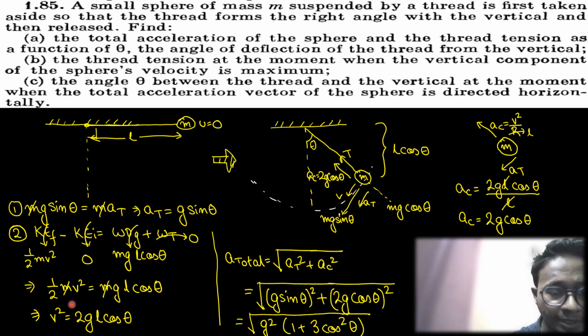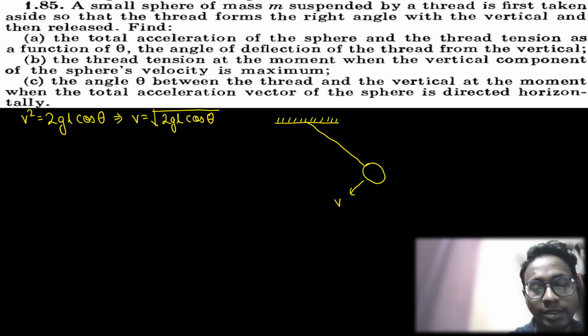In this slide, v square is equal to 2gl cos theta, so remember, velocity is equal to the square root of 2gl cos theta. Now the second part of the question asks to find the tension in the thread when the vertical component of this velocity is maximum.